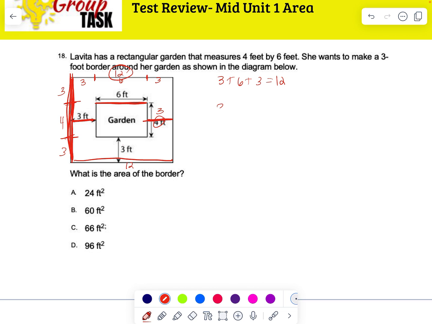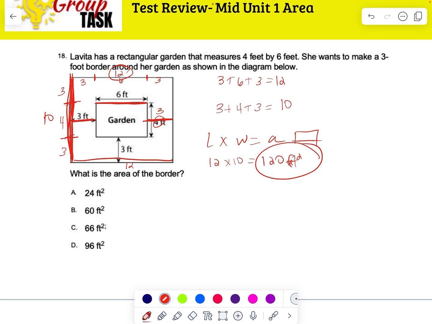So we have to add 3 plus 4 plus 3. So we know this is 10. So if I use length times width equals area of a rectangle, that's going to be 12 times 10 equals 120 units squared, or actually it's feet squared, I should say.